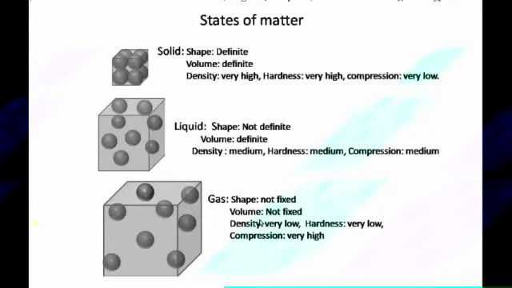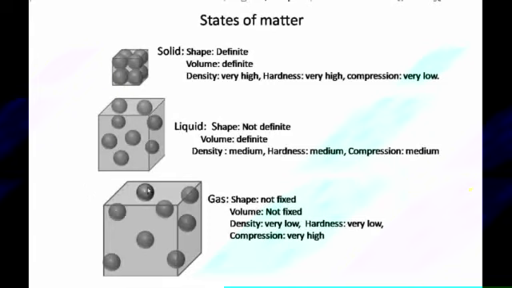Now volume. Volume is also not fixed. How is the volume not fixed? Suppose this is a box, inside this 8 molecules are there, but if you open the lid of this box, what will happen? The molecules will come out and take whatever space is available for it.